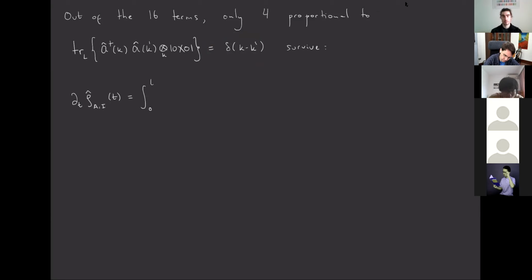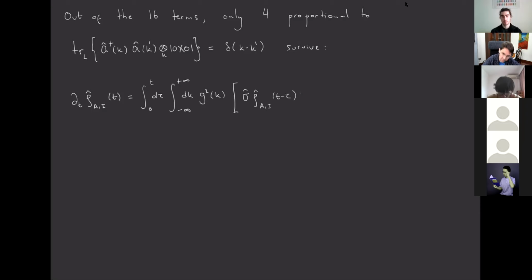So let me write it down. We have the time integral, then the k integral, which is proportional to the coupling squared. And then we have the operator part that looks like this.